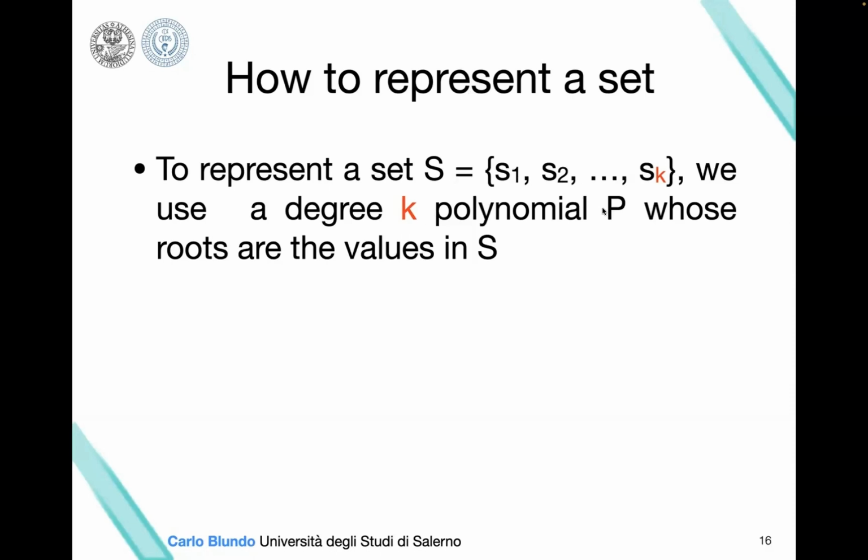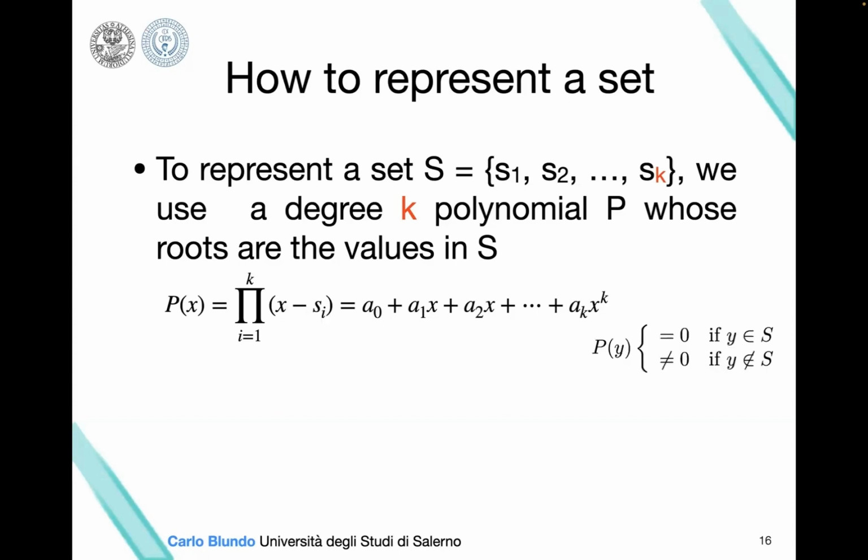And the polynomial is particular in the sense that the values S1, S2, Sk are the roots of the polynomial. This is quite simple to compute. As you can see from the slide, we just compute the polynomial as the product of the monomials X minus Si.